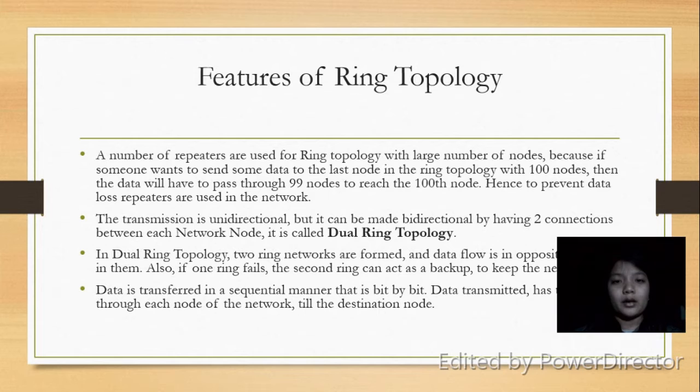So the dual ring topology has two rings that work in opposite directions. If one ring fails, you have another one, so it is like your backup. Then data is transferred in a sequential manner, that is, bit by bit.